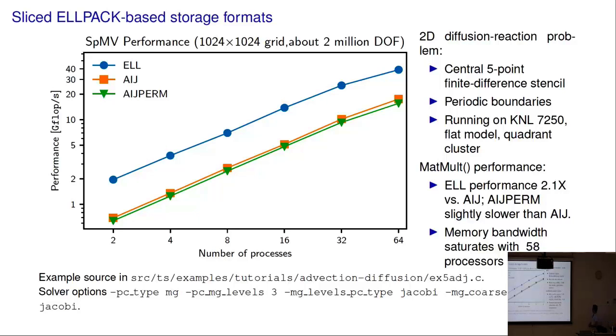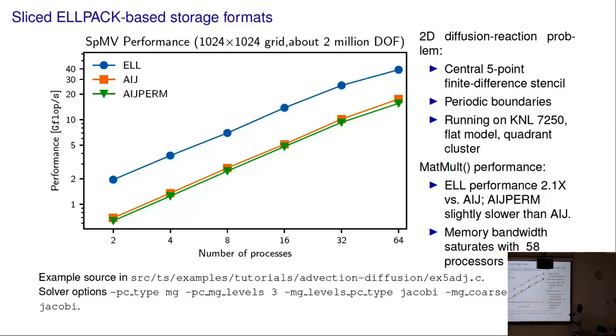So this is from an example, a TS time stepper advection diffusion problem here, which we run with a multigrid preconditioner, and on each level we use a Jacobi smoother, and also use Jacobi on the coarse grid.